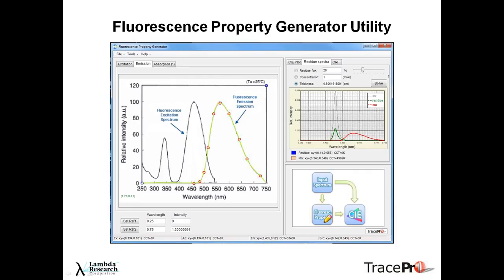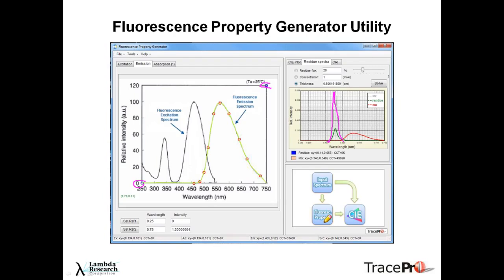I mentioned this briefly before, but we have our fluorescence generator utility, and once again, we cut and paste an emission spectrum and an excitation spectrum, define the limits of the graph, and then click to follow the curves. And if we also add in a curve for our source, in which case it's this curve right here, a blue LED, we can see the resulting color.